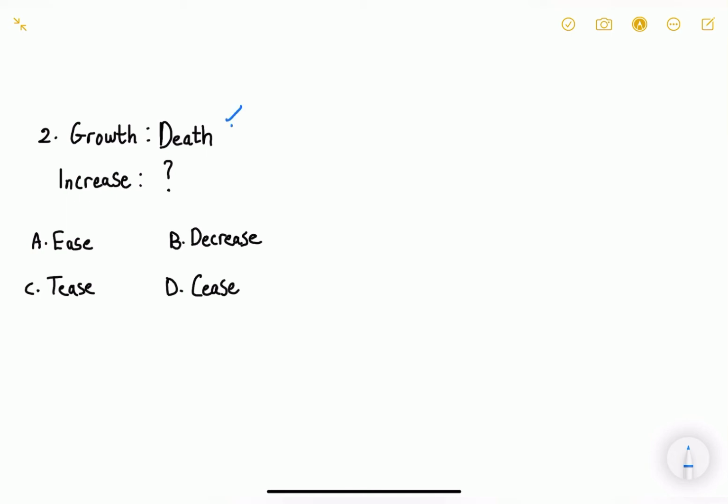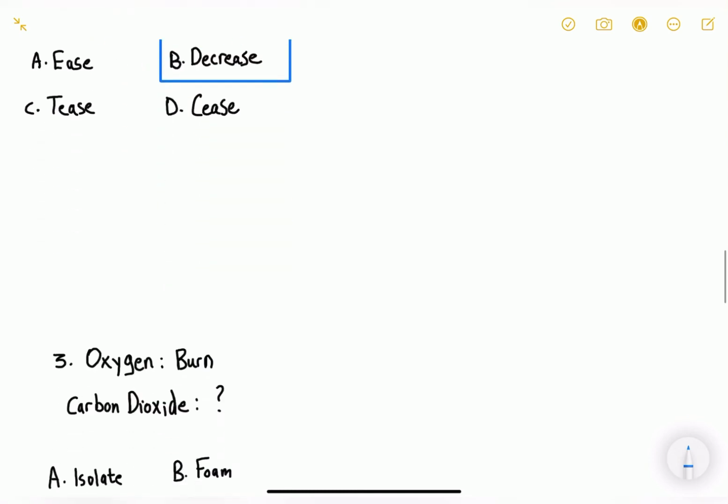So this puts an end to this. What puts an end to increase? Decrease, without even thinking. We know decrease puts an end to increase, or it's opposite relationships. So you can already infer that it's B. This one is pretty easy.